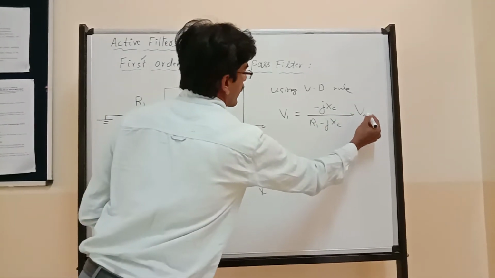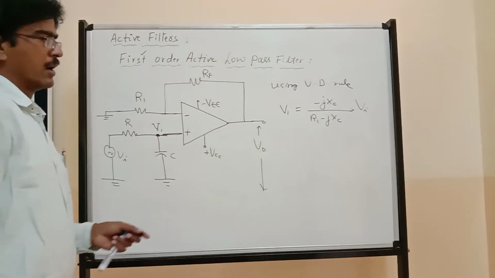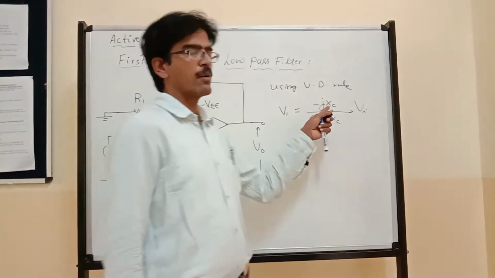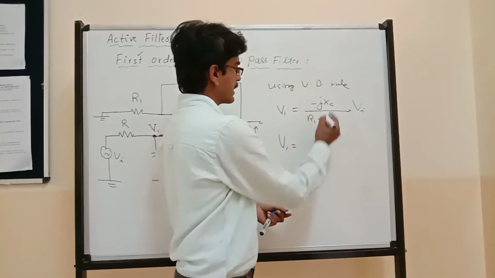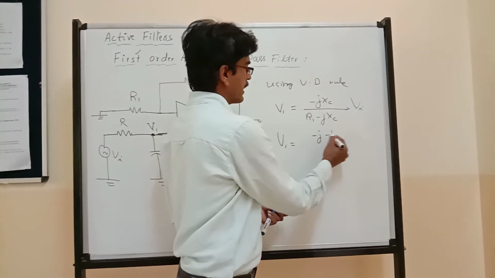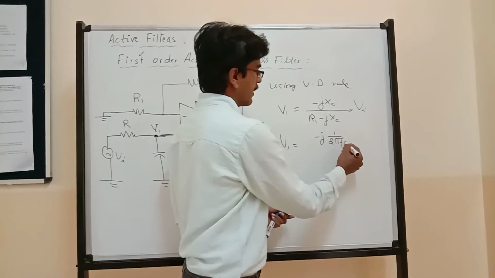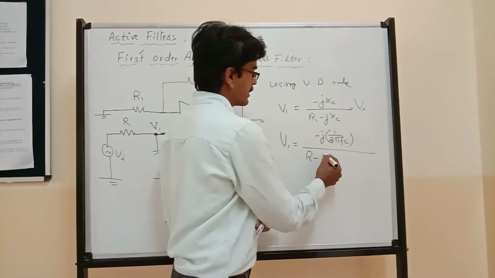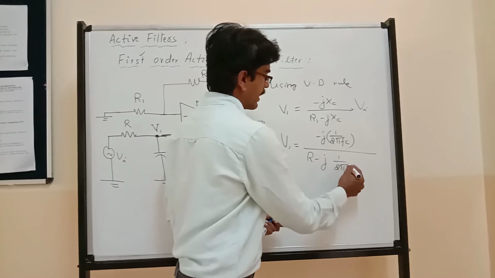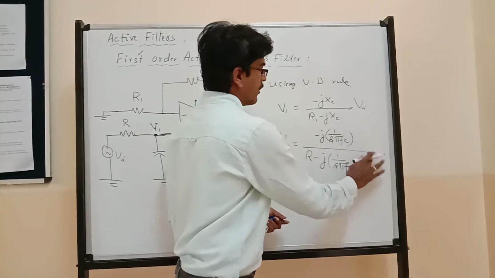Vi. Now, you know that XC equals 1 by 2 pi FC. Therefore, you can write it as minus j times 1 by 2 pi FC divided by R1 minus j times 1 by 2 pi FC, into Vi.